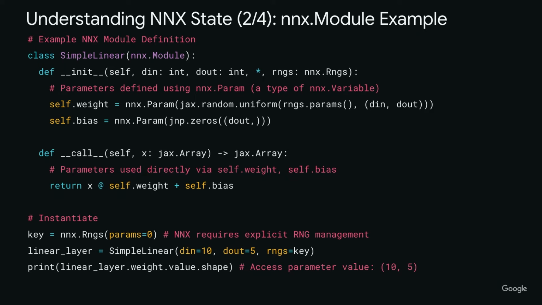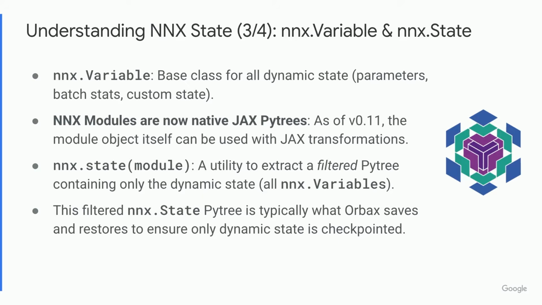Notice we need an nnx.Rngs object, or random number generator object, for initialization. In the __call__ method, we access these parameters directly using self.weight and self.bias. When we instantiate the module, these parameters are created. We can access their underlying JAX array values using the .value attribute.